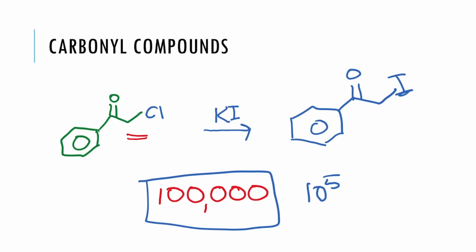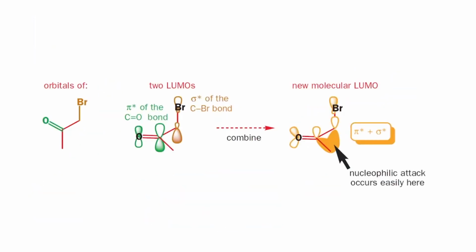As you can imagine, this is a very, very large increase in rate, and we know that there's going to be some stabilization that can be afforded by the C=O, because the C=O is going to have 2p orbitals over here and so on. But yet it's not something that will completely explain the experimental outcome, because the rate of the reaction is going up substantially. So in order to understand this, we propose a model such as this.